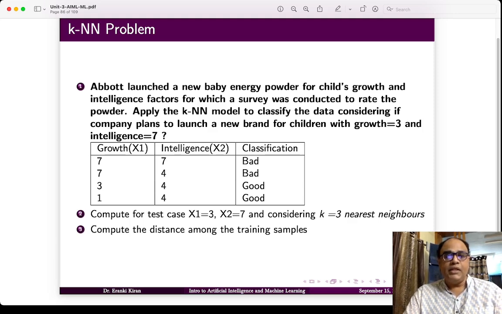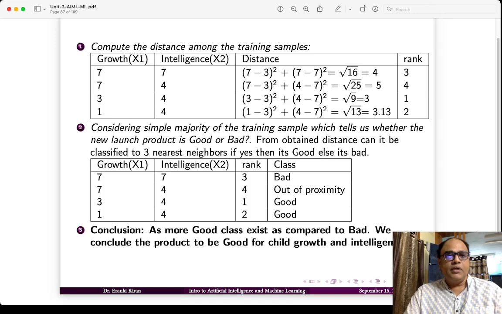So we have to see what this classifier does when we consider growth to be 3 and intelligence to be 7, considering the 3 nearest neighbors. The computation goes like this. We compute the distance among the training examples. We apply the Euclidean distance metric here. The first row happens to be 4, the second happens to be 5, the third happens to be 3, and the fourth one happens to be 3.13.